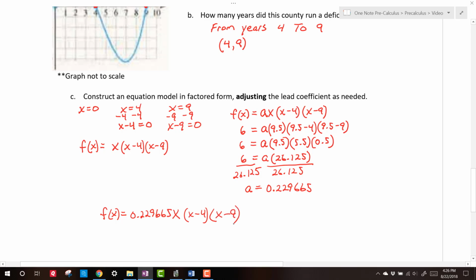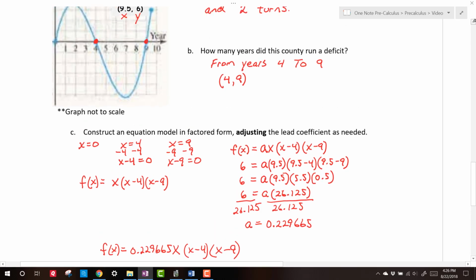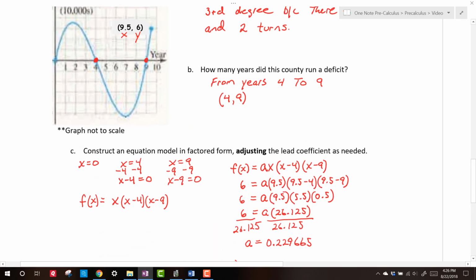And that equation should yield a graph pretty close to what we're looking at right up here. So you'll notice the low point at 7 looks like it's somewhere around, I don't know, we don't really have a scale here. But if this is 6 up here, we should assume that this is 2, 4, 6, 8, 10, so this would be right around -10 or something.